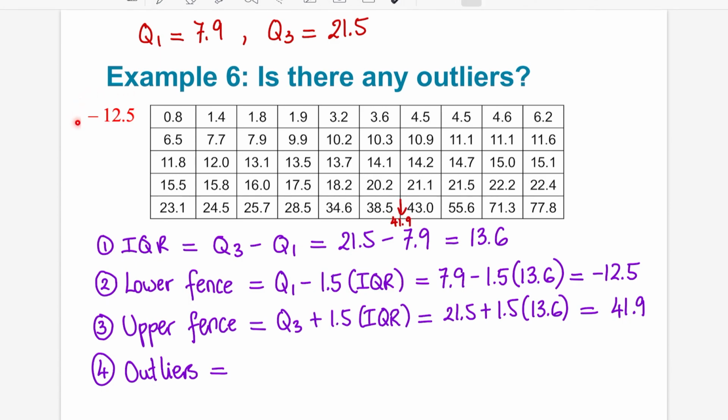So any number that's lower than this negative 12.5 will be outliers, but I have none of those because my minimum was 0.8. And any number that's greater than 41.9 are also outliers. So in this case, I have 1, 2, 3, 4 outliers.